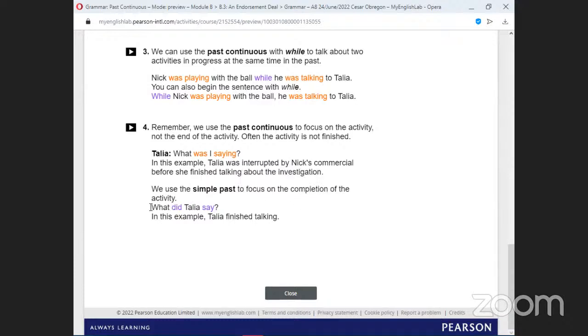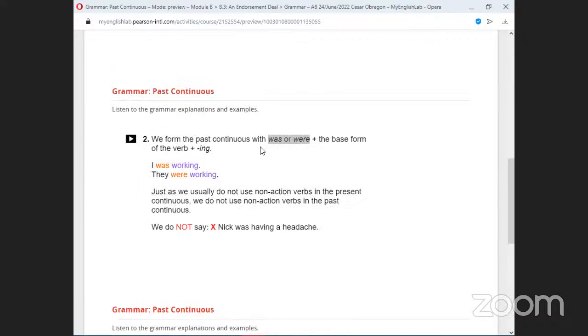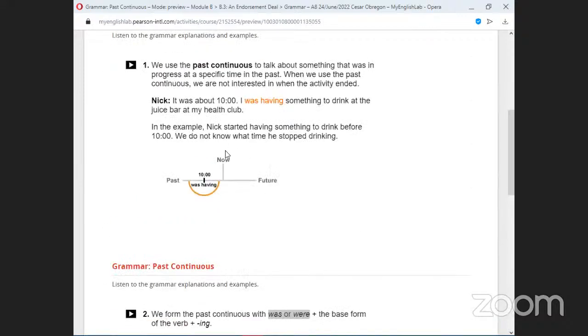In this example, we have a question. What did Talia say? It's in the past. But here, what was I saying? When she's talking about it now, she was saying something in between, and she's thinking, oh, what was I saying before in the past?